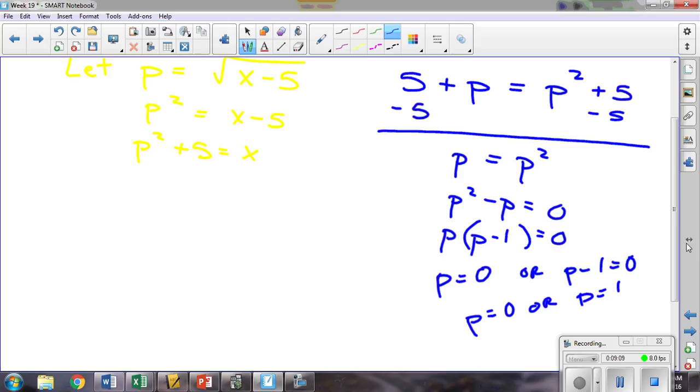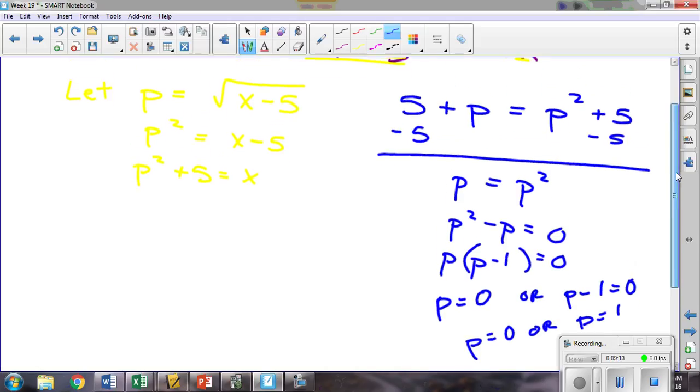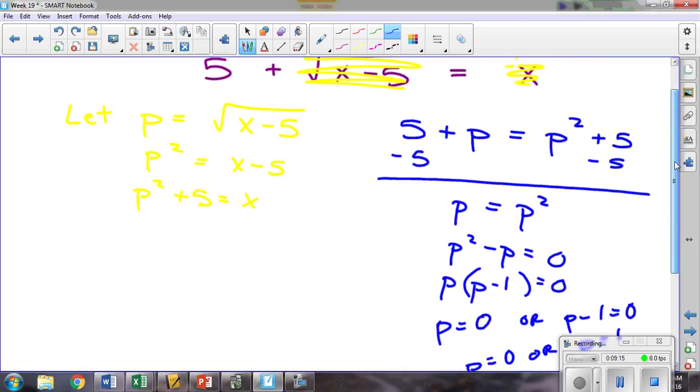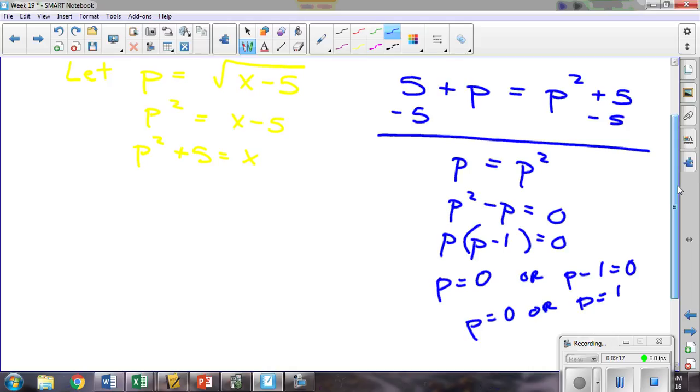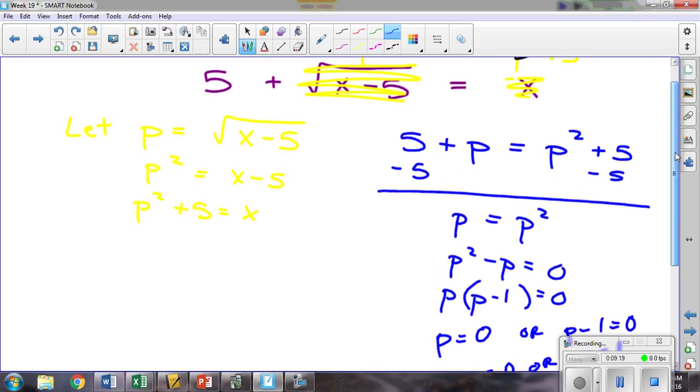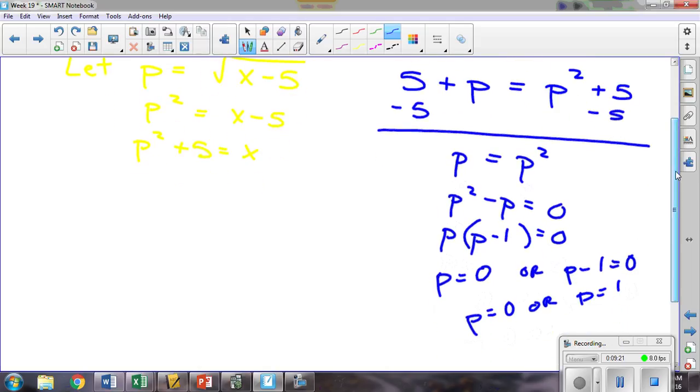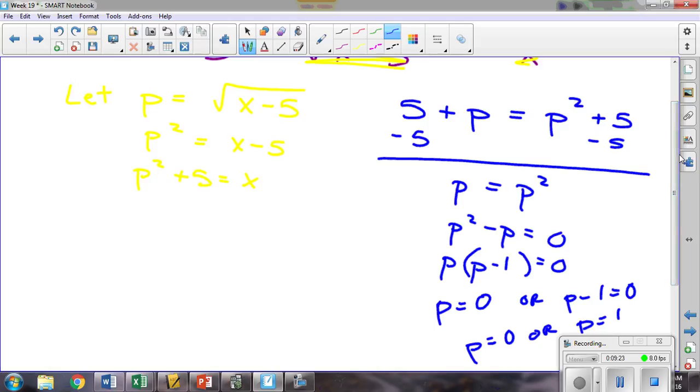But now we still have to determine, do these things make sense given the context of the original problem? Remember the original problem, let me bring this back up. If p is equal to 0, this tells us 0 is equal to the square root of x minus 5, or 1 is equal to the square root of x minus 5.